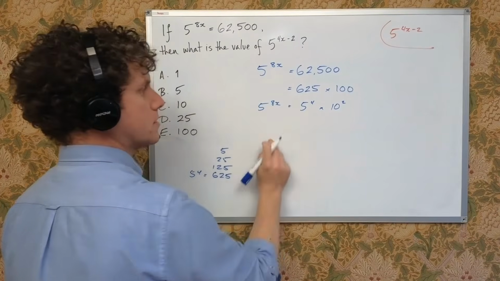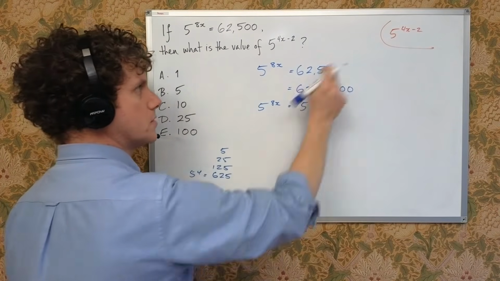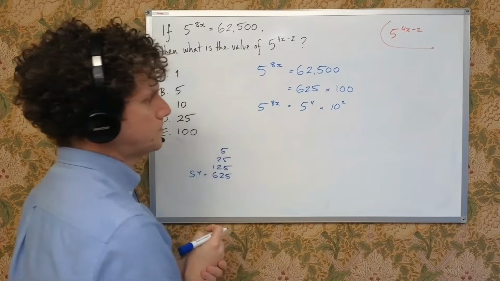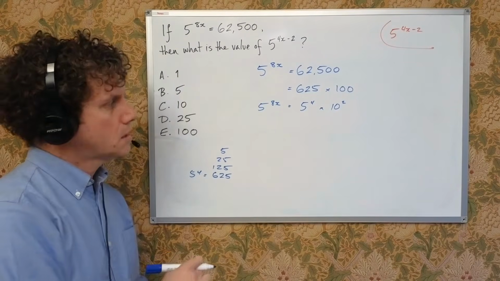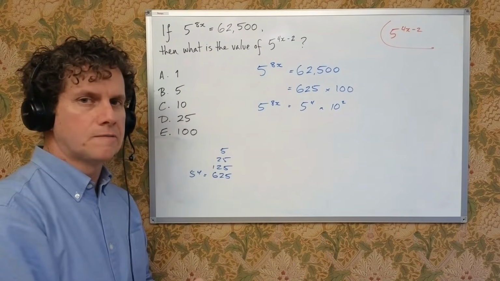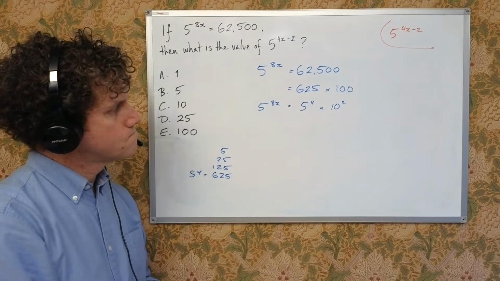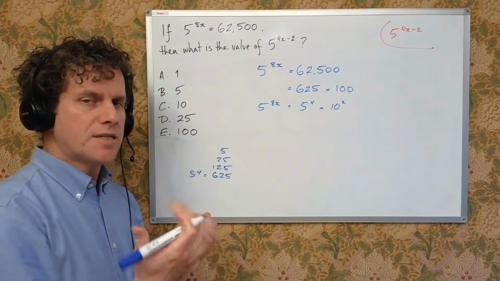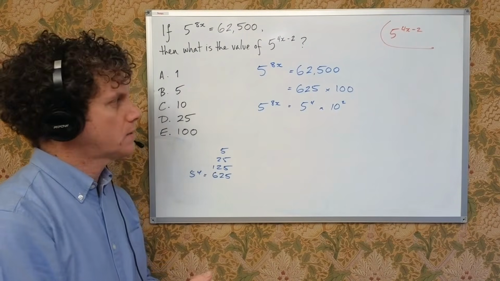I want to get closer from where I am to where I want to go. And I've got some nice square numbers over here. I'd like to break this 8x down.